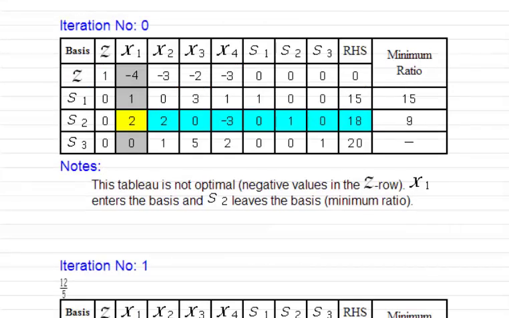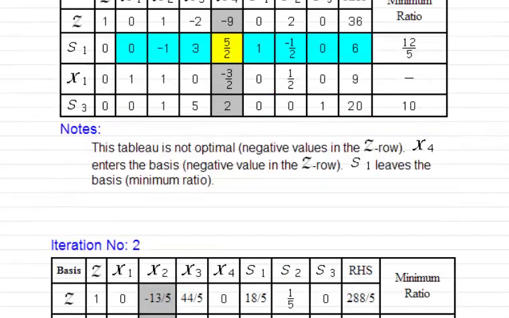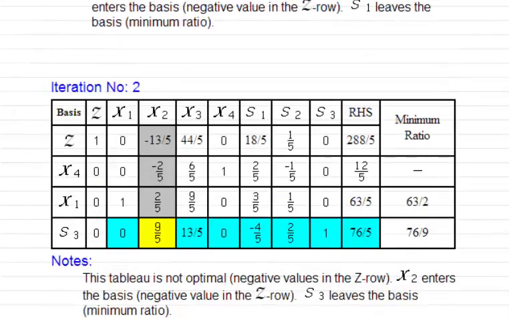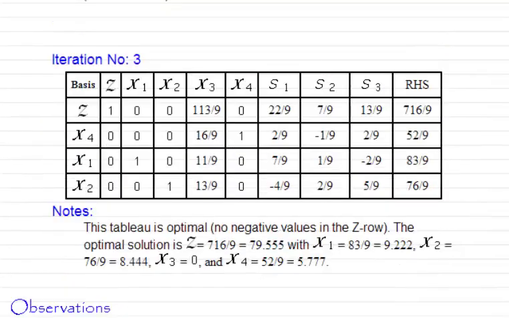So from that point, you go ahead and iterate once, and in the next tableau, you will get a new set of variables in the basis. Of course, it's an adjacent extreme point, so there's only one of the variables changing.